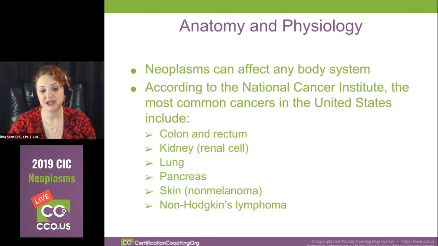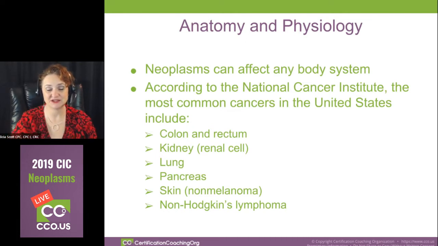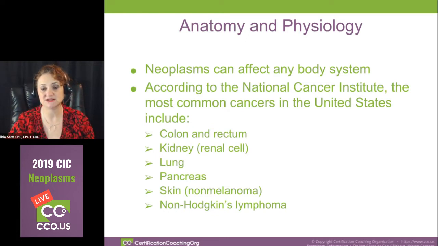The most common cancers, statistically, we know that because of the coding that we did, are colon and rectum, kidney, which would be renal cell, by the way, lung, pancreatic, skin, which is non-melanoma. Now, melanoma is skin cancer, but non-melanoma are going to be like squamous cell and basal cell carcinoma.